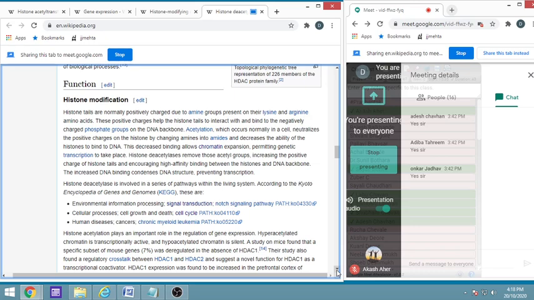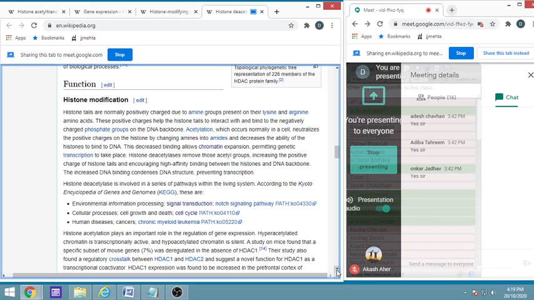Because of deacetylation the charge will be there, and because of the charge the binding will be stronger, and if it is stronger then it will not be expressed. So decreased binding allows chromatin expansion, permitting genetic transcription to take place. Histone deacetylases remove the acetyl group and increase the positive charge, which prevents transcription.